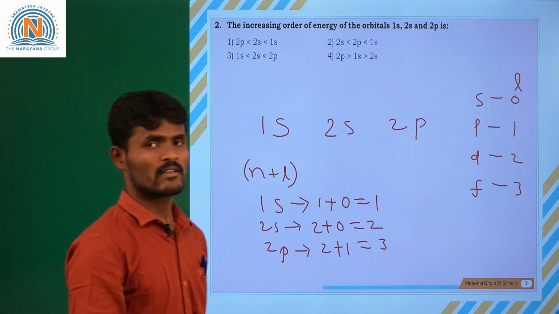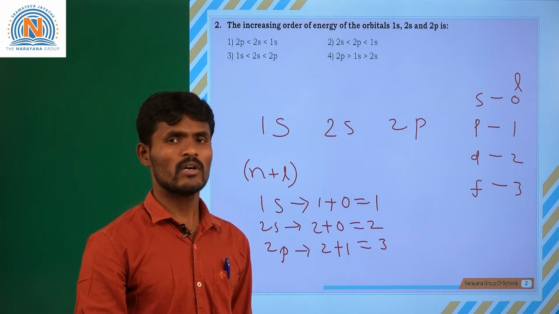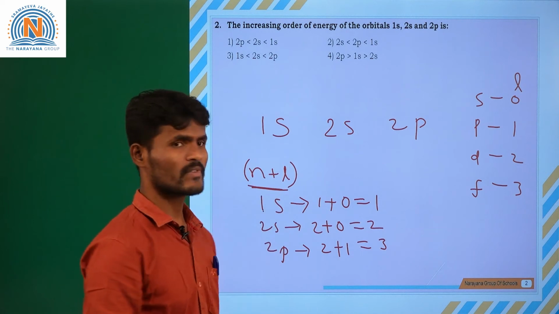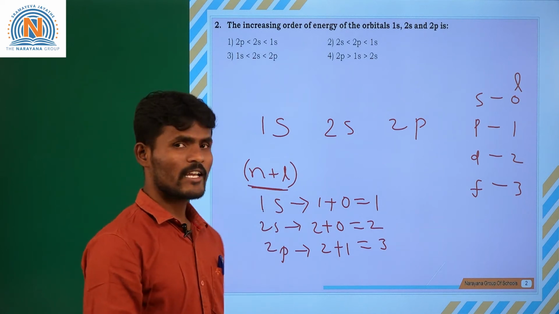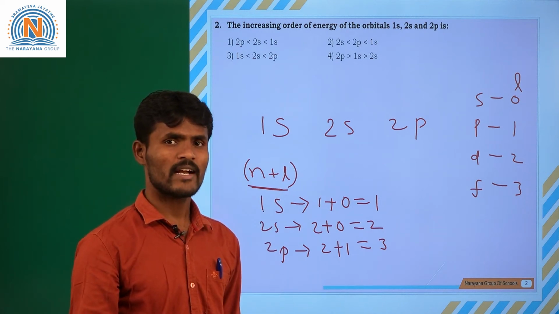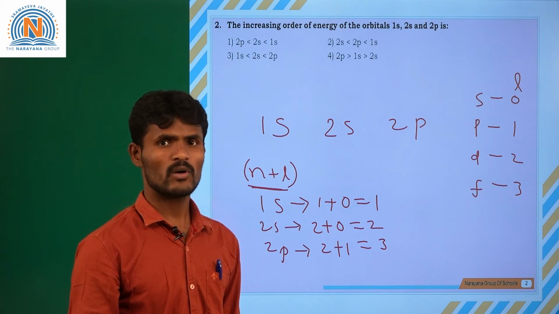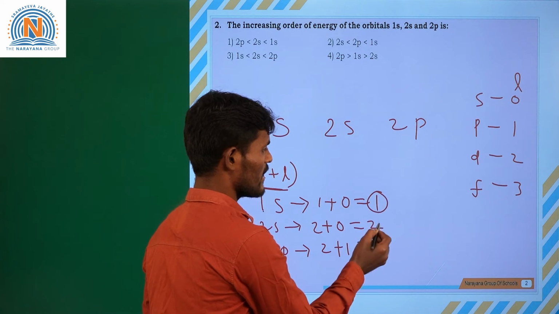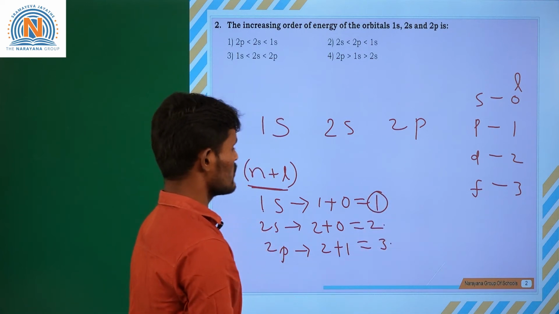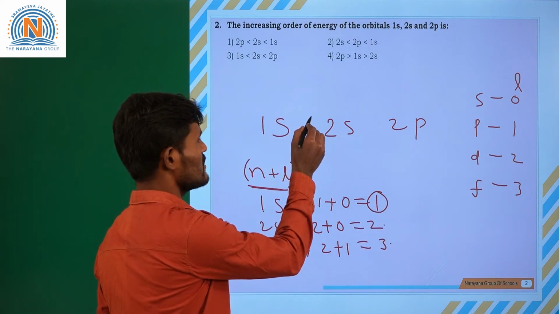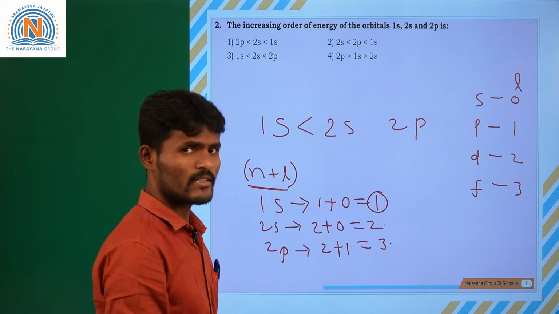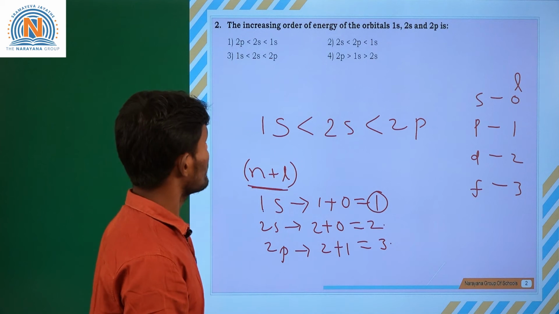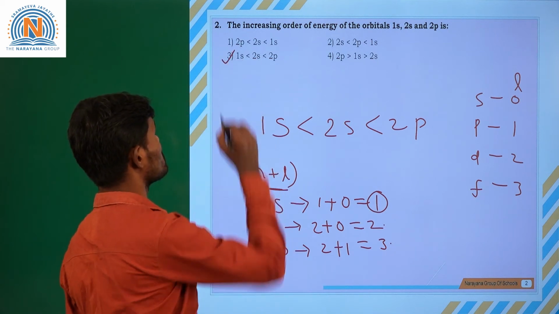Electrons enter into various atomic orbitals according to the n plus l rule, the least n plus l value first. Least n plus l value is here 1, next 2, and next 3. So the energy of 1s is less than 2s, and the energy of 2s is less than 2p. So here the answer is the third option.